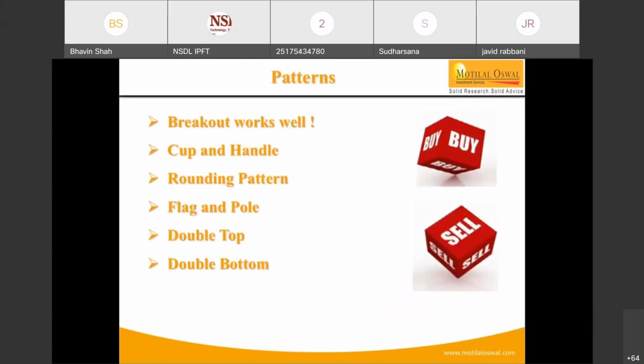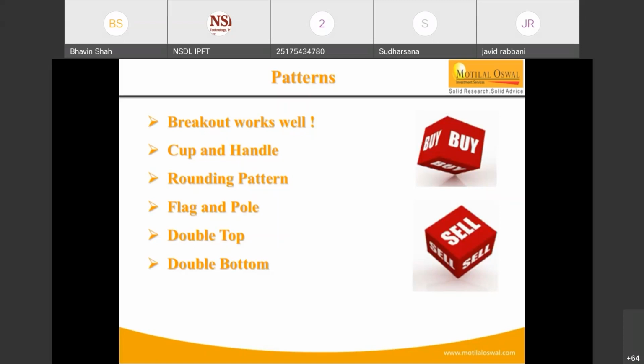So the patterns that work really well, and this is my own personal experience, are a few patterns which are mentioned here. For example, if we look at breakout, it works really well. Cup and handle pattern gives good returns.